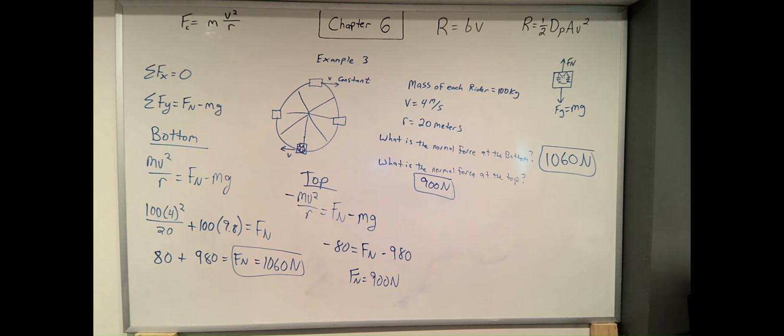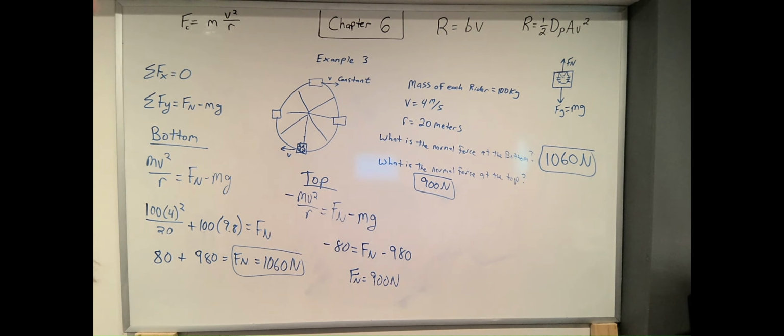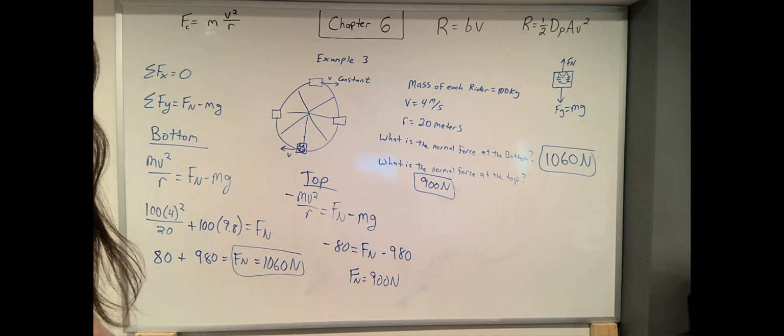Okay. So there's a third part of this problem as well. It says, what happens if the ride malfunctions and we get a velocity of 14 meters per second? What is the normal force then? Okay.